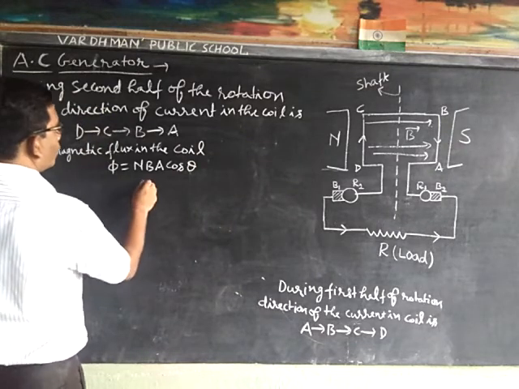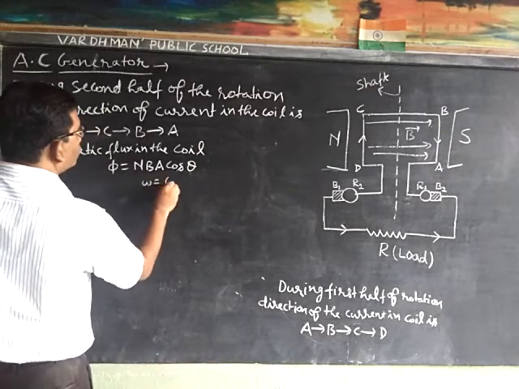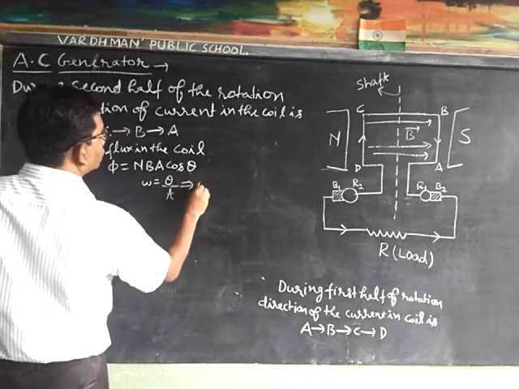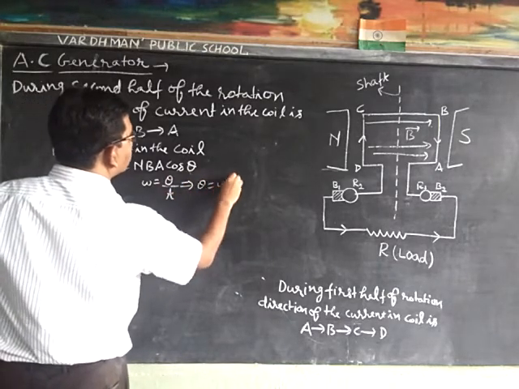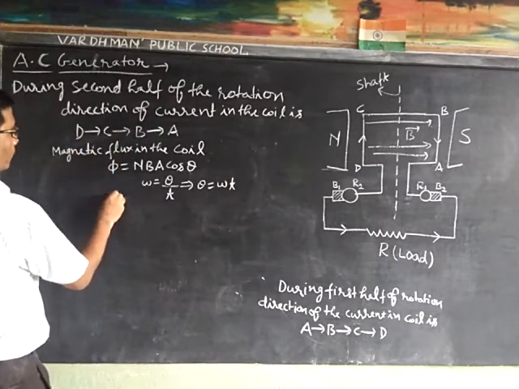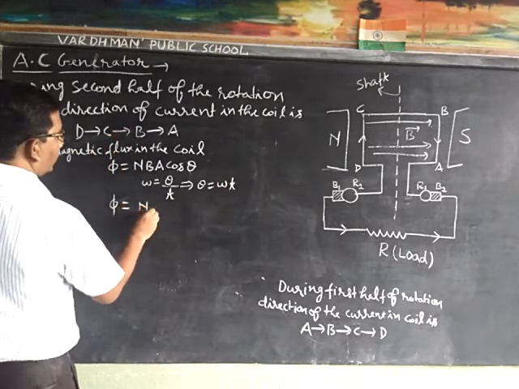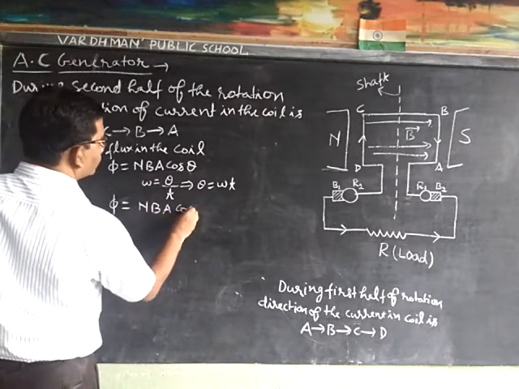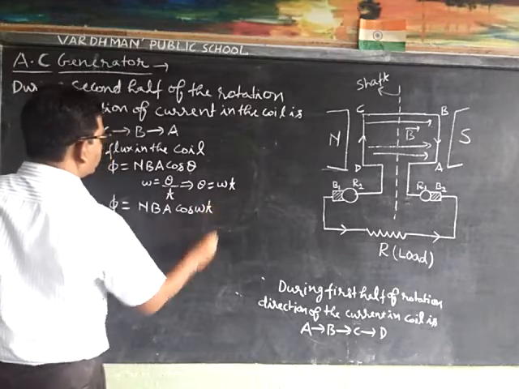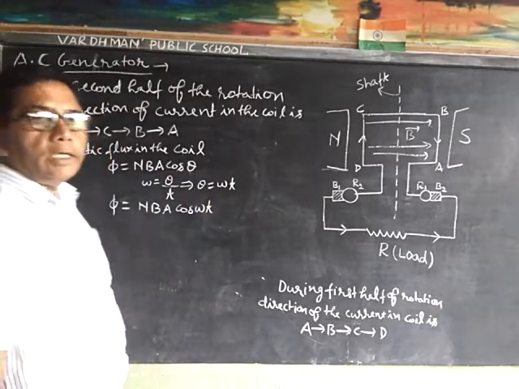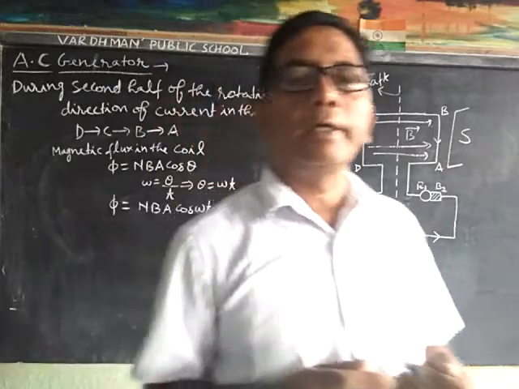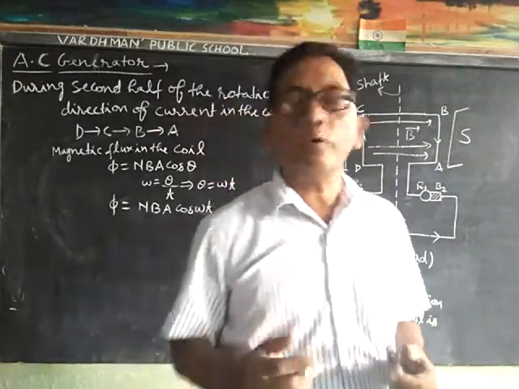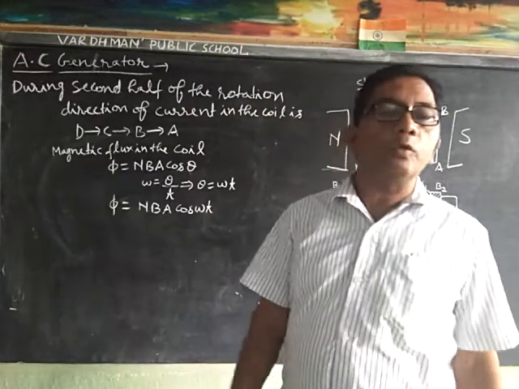We know omega is equal to theta upon t. This implies theta is equal to omega t. Therefore, phi is equal to NBA cos omega t.